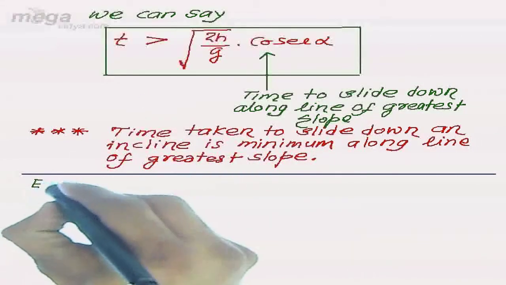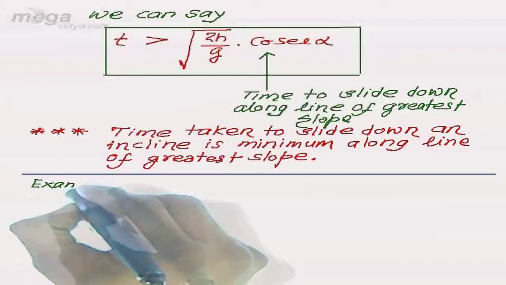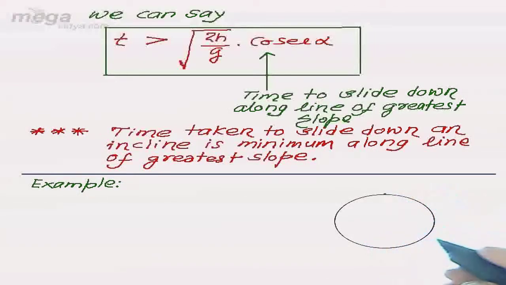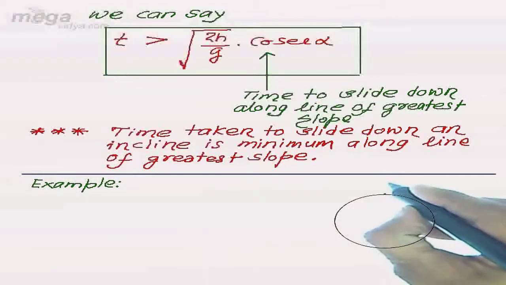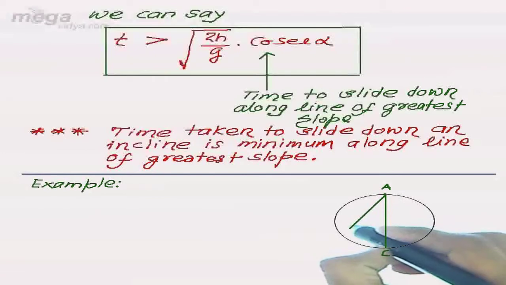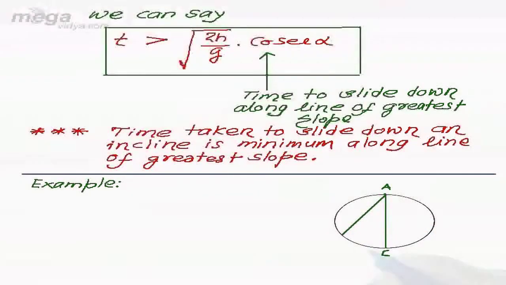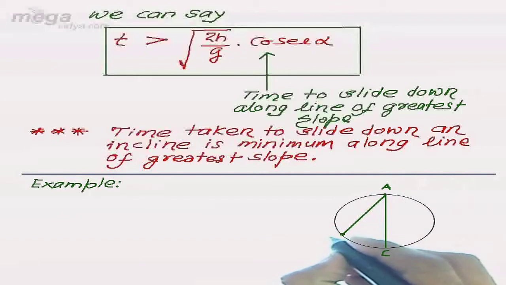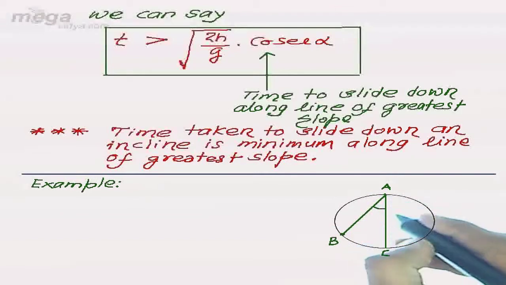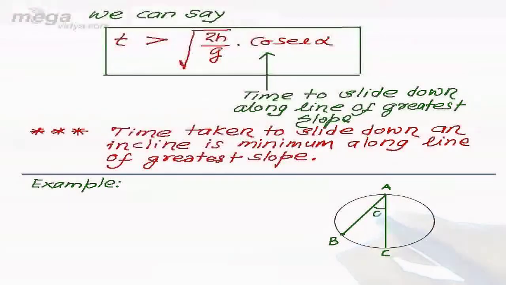Here is a point A, this is point C. There is another line which meets this circle at this point B. The angle between this line AC and AB is theta.